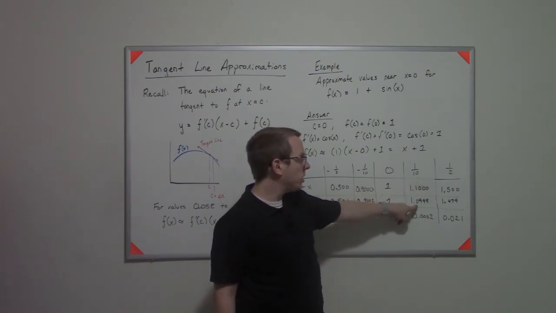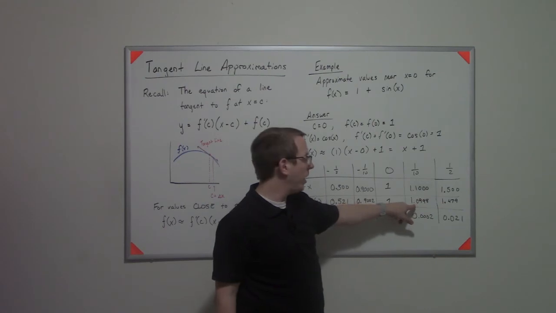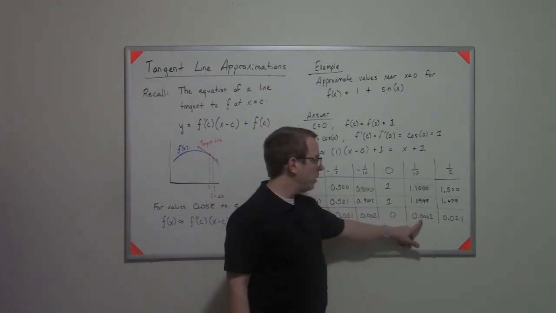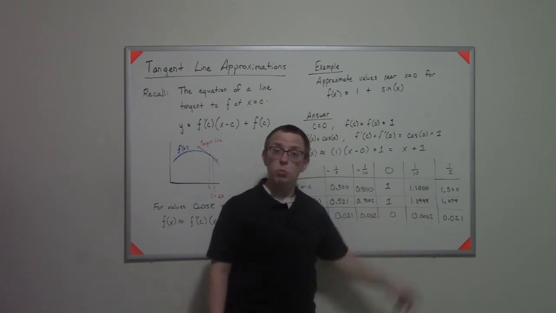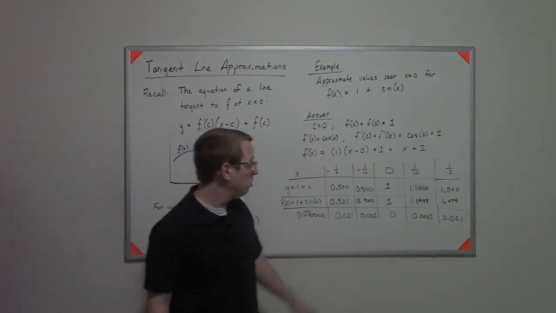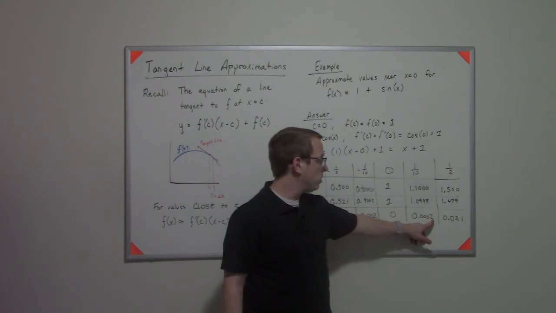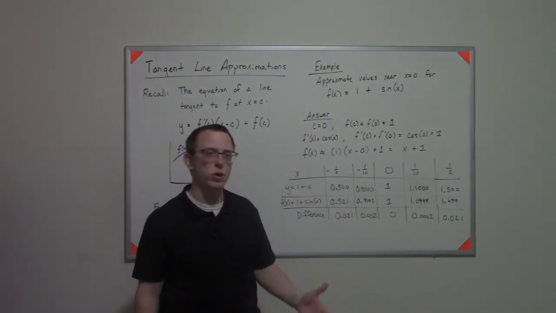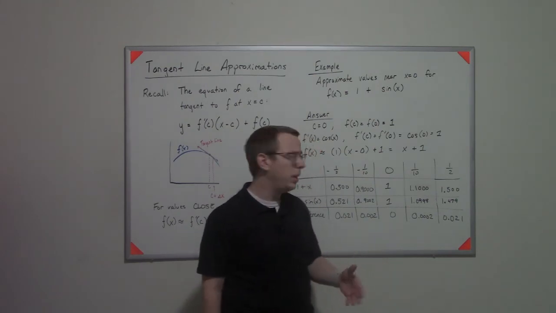But if I do 1 plus sine of x, I don't quite get 1.1, I get 1.0998. So the difference is 0.0002. Pretty small, right? That's 2 ten-thousandths of a difference. Not a lot of difference.